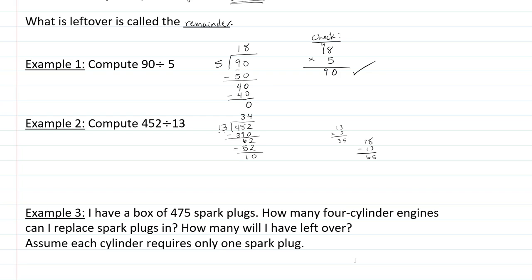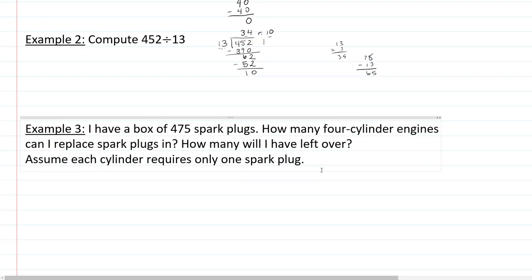Since 13 can't go into 10, we're left with a remainder, so we write R10, remainder 10. That means 13 times 34 plus 10 equals 452. We could check this if we wanted to, but it's okay.